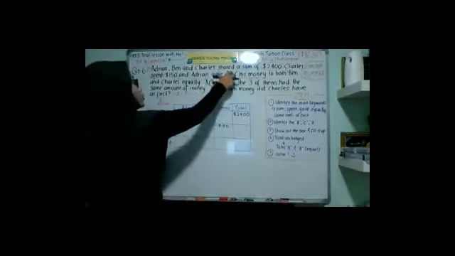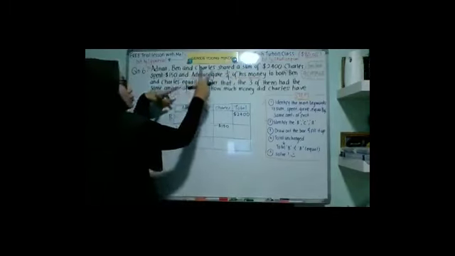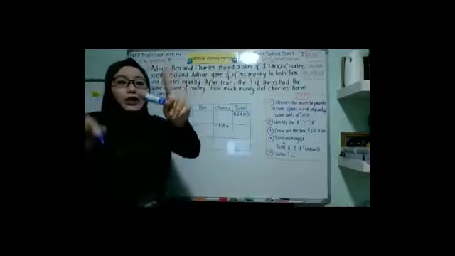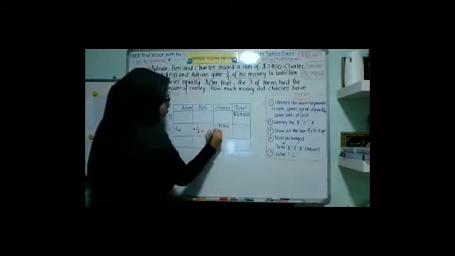Adrian gave 1 unit to both Ben and Charles equally. Equally means there's 2 persons, so 1 unit given to 2 persons means 1 divided by 2. Each person here will receive plus half unit, here also plus half unit. Get it so far?